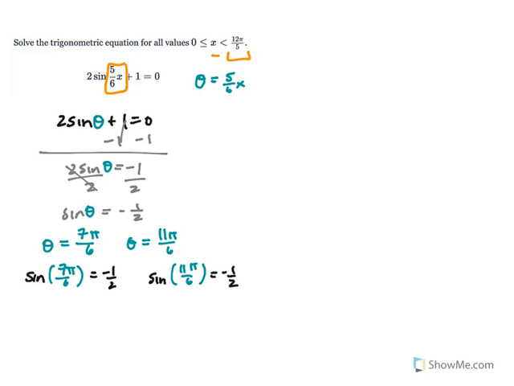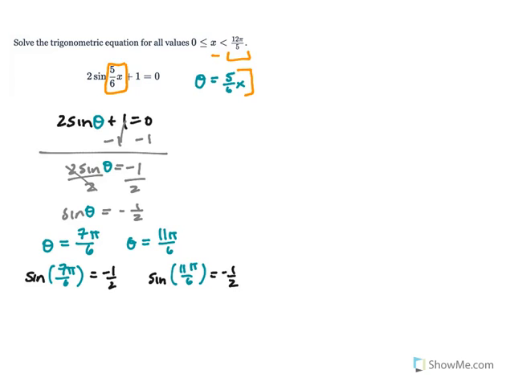But I want to bring us back to this idea that we're not really solving for theta. We're solving for this expression here that we have, that theta is equal to 5/6x. So we need to now set up two equations to solve for x. So we know that when you substitute in 7 pi over 6 into sine, you get negative 1/2, and 11 pi over 6, and you get negative 1/2.